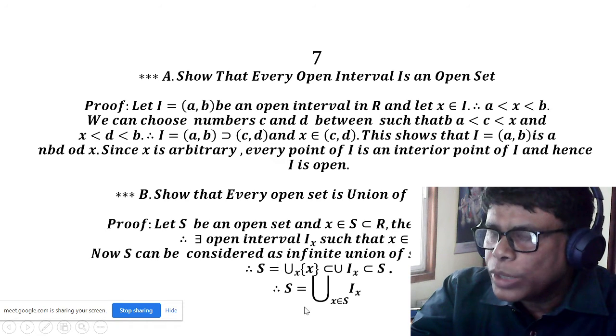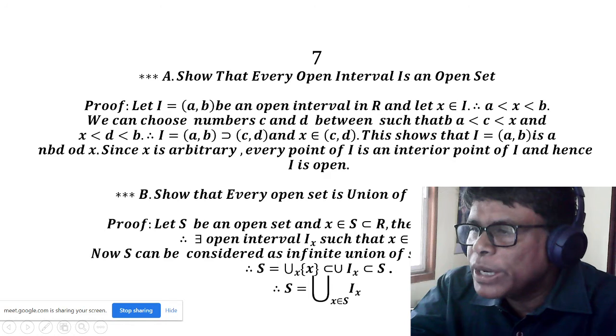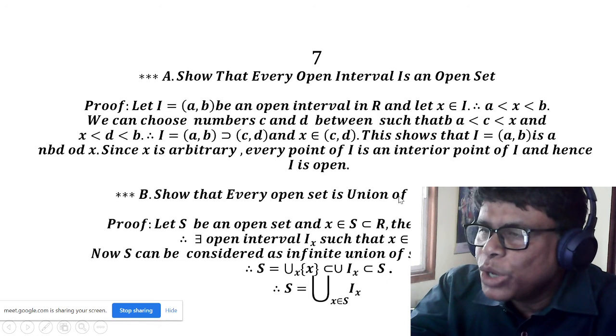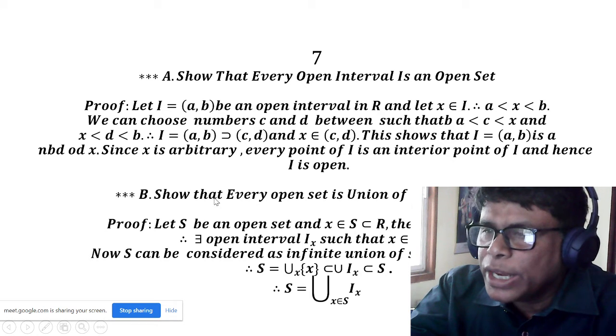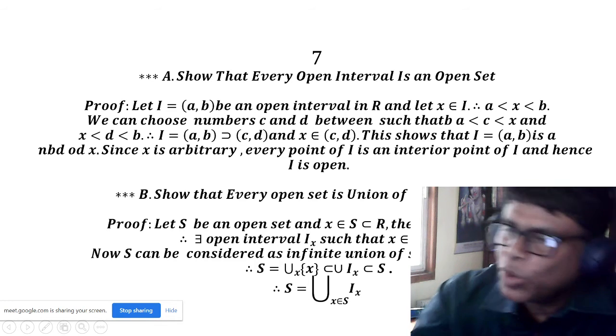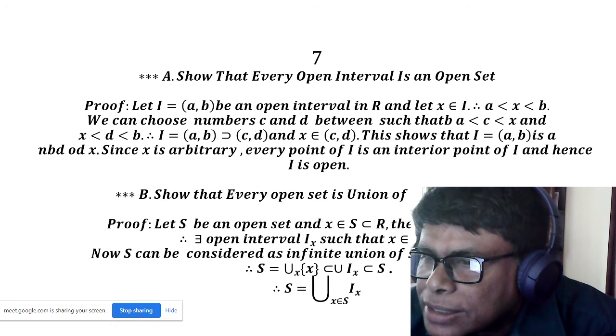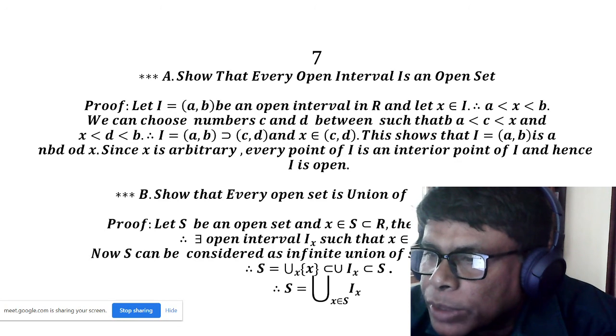So S is nothing but the union over Ix, and the Ix's are open intervals. So any open set can be represented as a union of open intervals. This is your second conclusion.